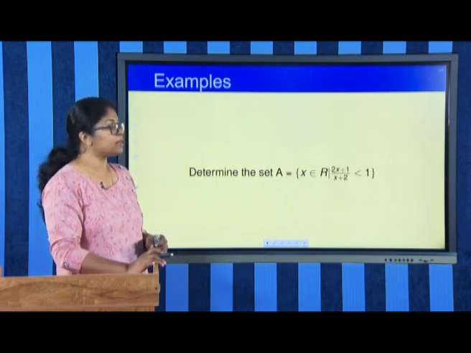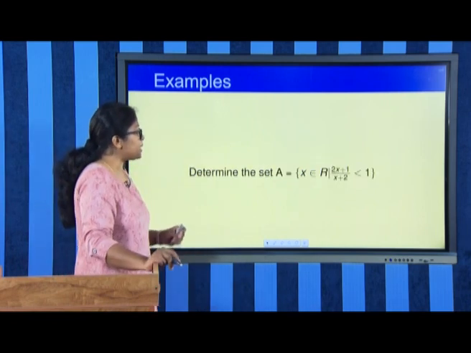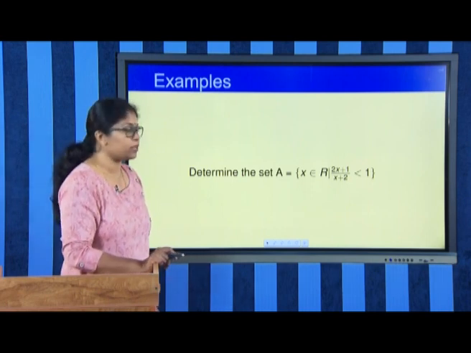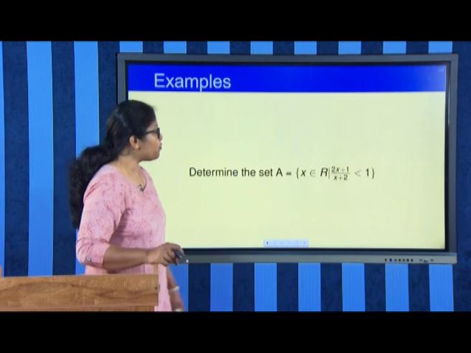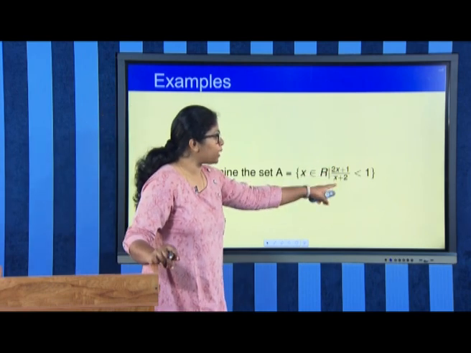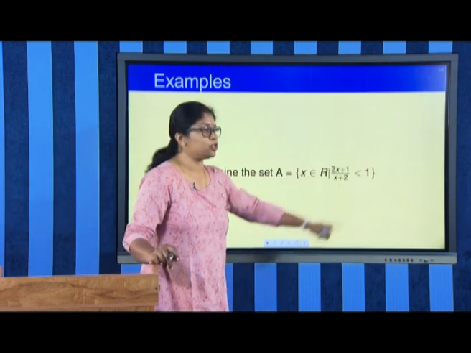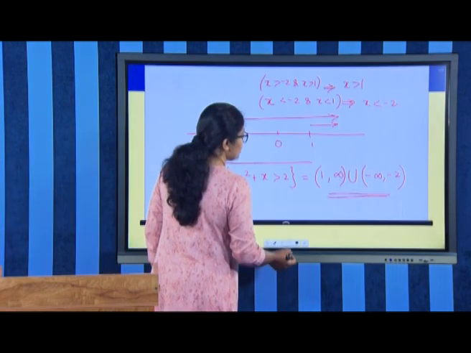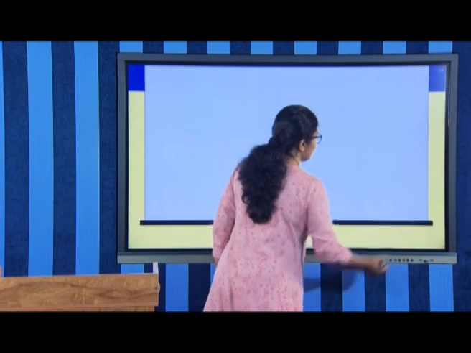Then we can look at the third question. Determine the set A equal to the set of all x in R, the set of all real numbers, for which (2x plus 1) upon (x plus 2) is less than 1. So, that also we can solve by a similar method.